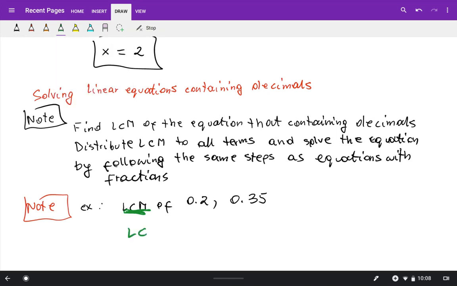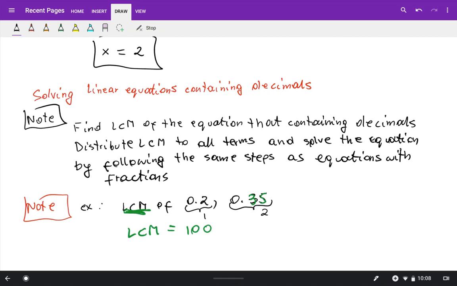So the LCM will always be 1 and either 10, 100, 1000 or so on. And how are you going to know what is the LCM? Since this decimal has only one number after the decimal point, and the second number has two numbers after the decimal point, that means my LCM will be 100 because here we have more numbers after the decimal, so we're going to attach two zeros. Okay, so it's 100.